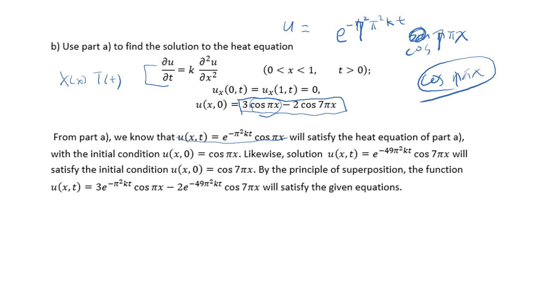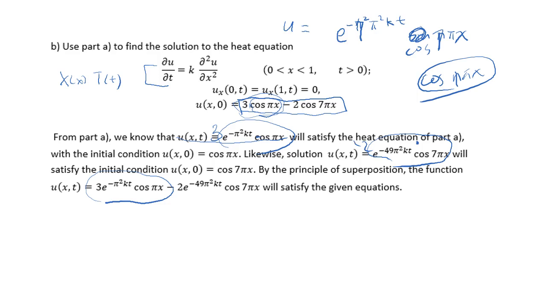And same thing here. You can take this one, and you can also take this one here. You can take this one and this one, and take 3 times this to make this one work, and take -2 times this one to make this one work.